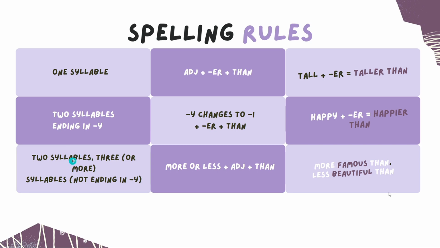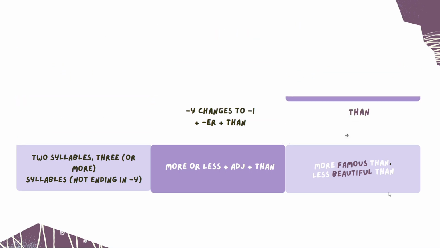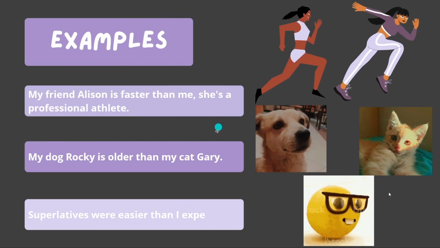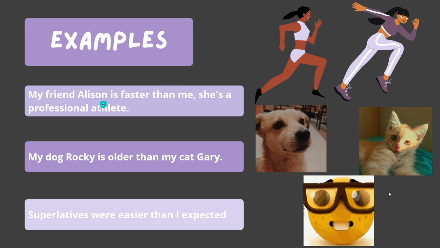Now, when we have two, three or more syllables, but not ending in y, we are going to use more or less plus the adjective, and the adjective doesn't change at all. And then we use the word than. For example, more famous than, less beautiful than. So, examples with comparative sentences.